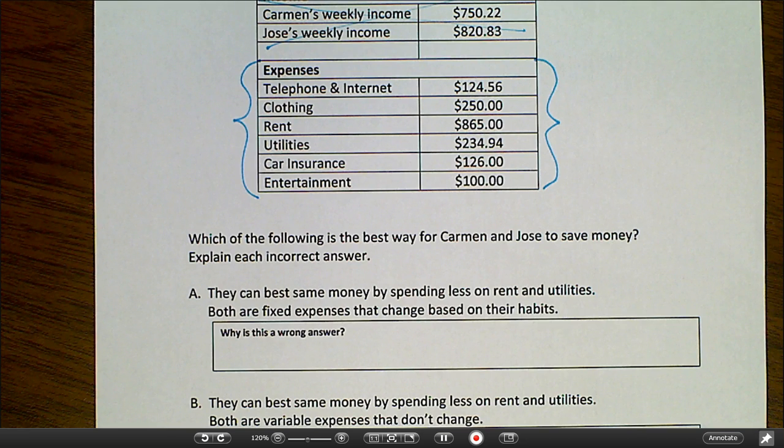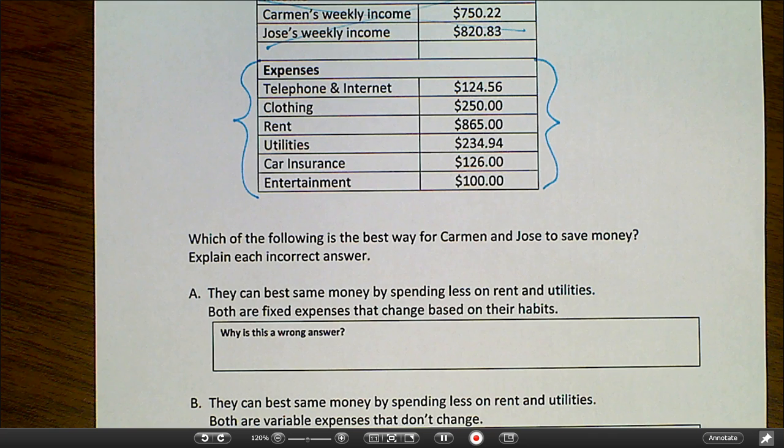Fixed expenses are the ones that stay exactly the same every month, like my mortgage payment and my car payment and, what else? My insurance. All of those stay the same every month. But then there's other things like shoes and school supplies and spending money that will change each month.